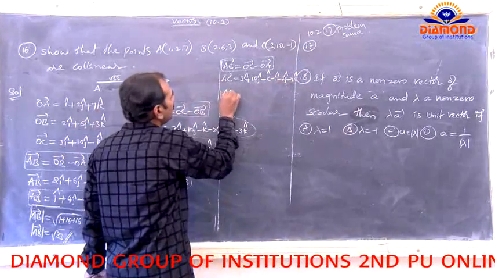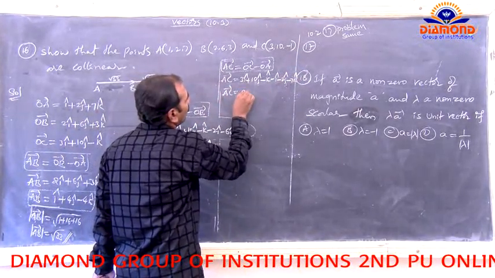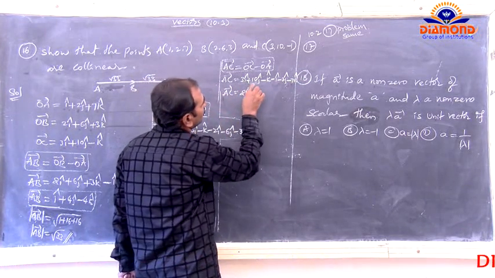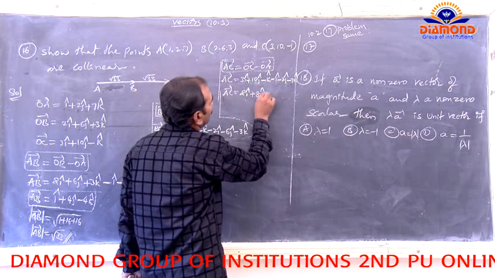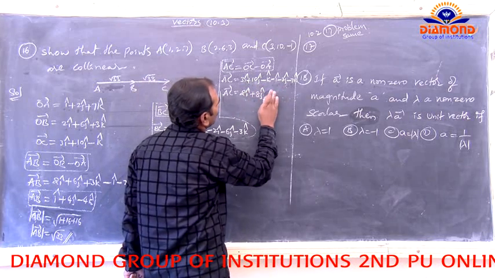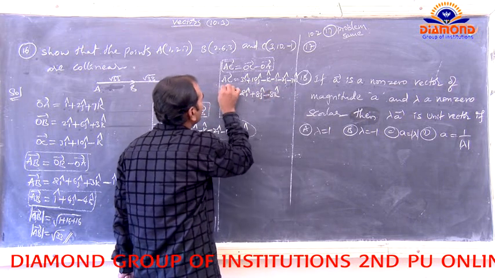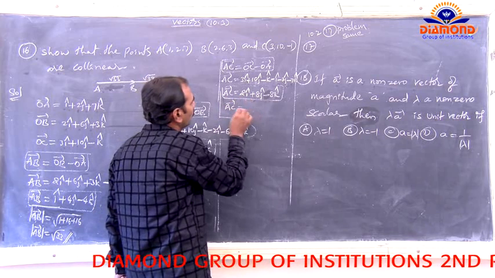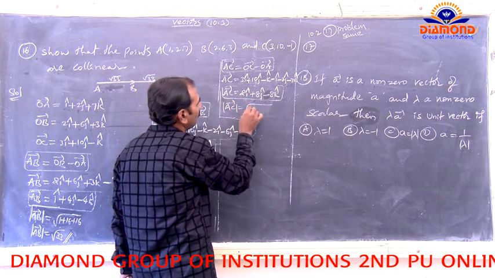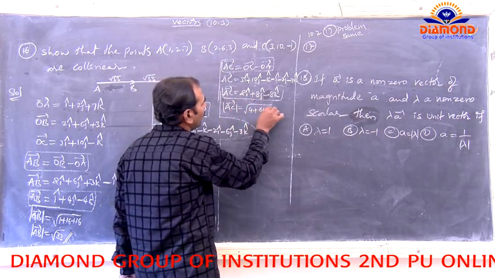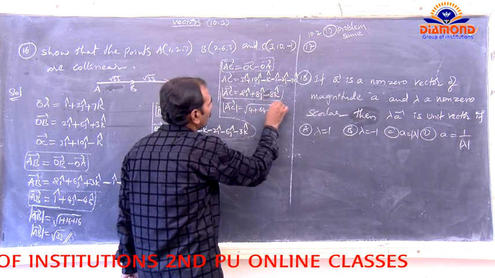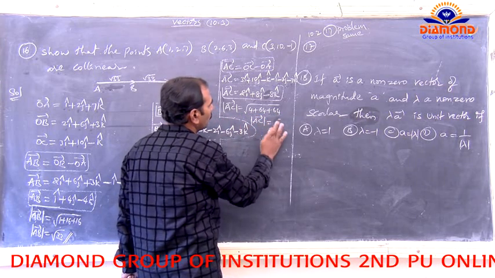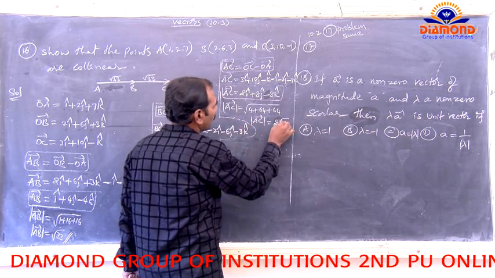So AC bar equal to 2I cap plus 8j cap minus 8k cap. This is AC bar. So AC bar magnitude equal to square root of 4 plus 64 plus 64. Magnitude of AC equal to 2 square root of 33.